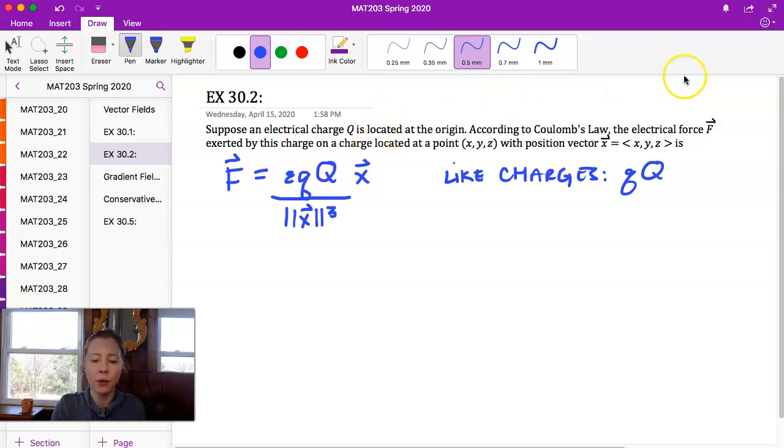If you multiply the same by the same, a positive by a positive, or a negative times a negative, you get a positive value, so that's greater than 0. And so these would be repulsive forces.